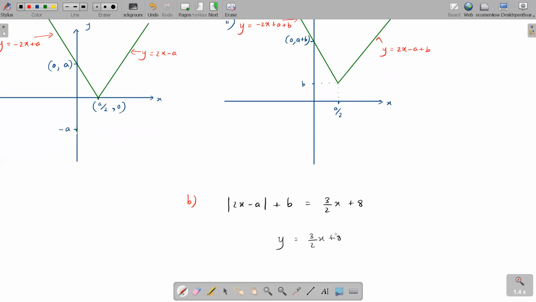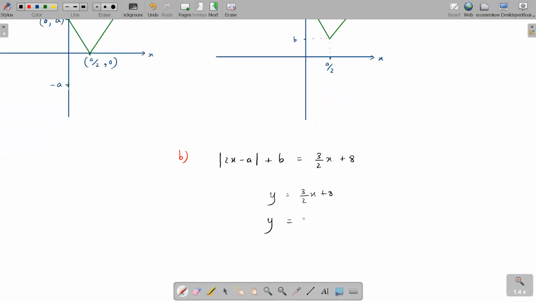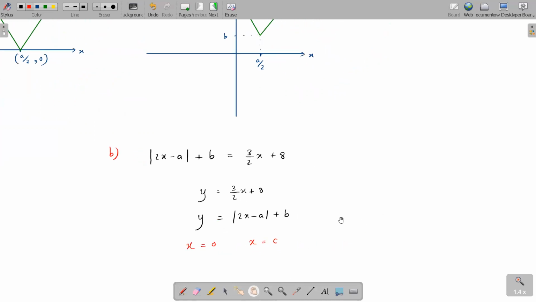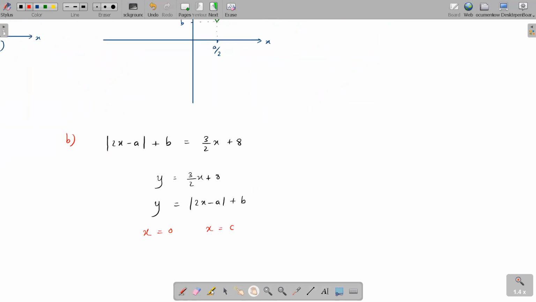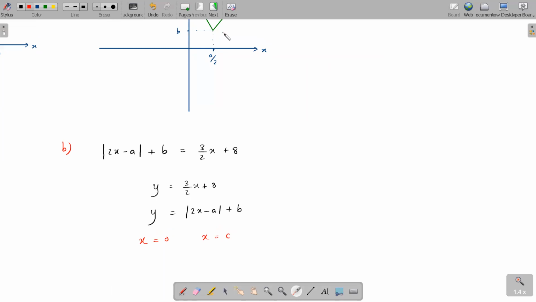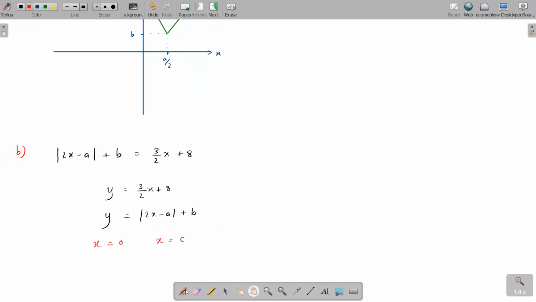When I solve it with the other graph, y equals modulus 2x minus a plus b, they tell me that there are two solutions. One solution is at x equals 0 and the other solution is at x equals c, which has to be found. So first let's try to draw this graph. I'm going to draw the part B graph on top of the earlier graph.